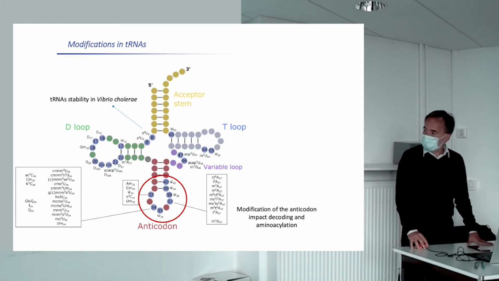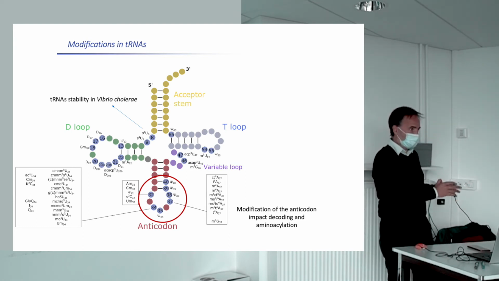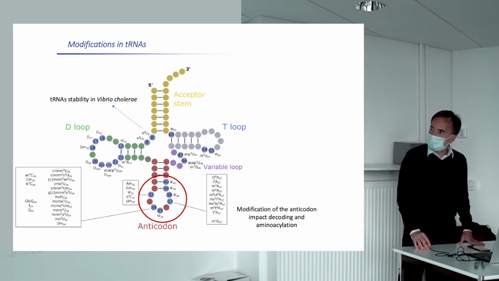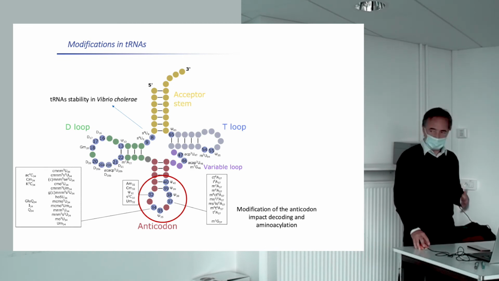So in the anticodon, those are positions 34, 35, and 36 that I told you about. As you can see here, position 34, remember, the third position, in the place in which the ribosome in the decoding center is more loose, can be very highly modified. So we have all these different modifications that can be found in different tRNAs in position 34.